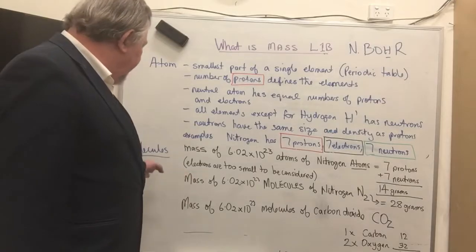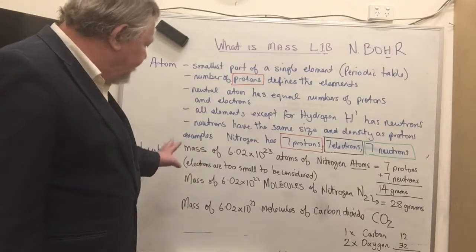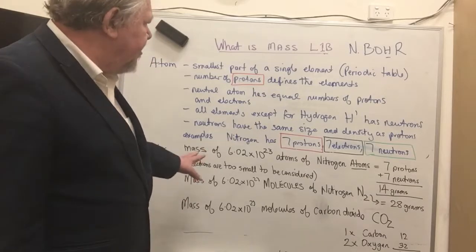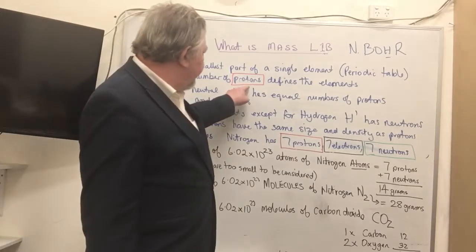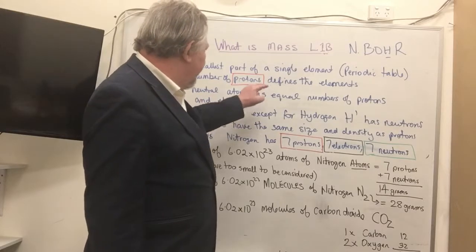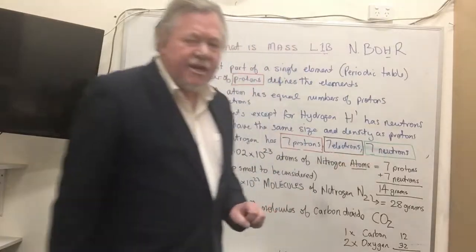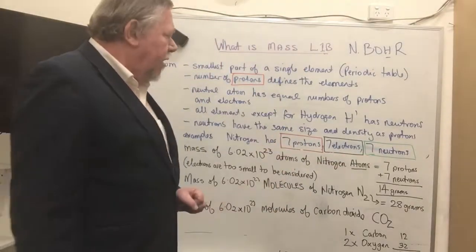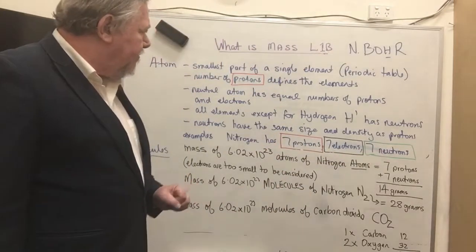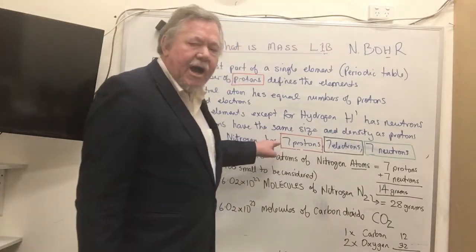So the main thing we want to get across is that the mass means the amount of this stuff, protons and neutrons. So it's this and this that make up the mass of the stuff, and you can equate that back to the number of them there are.